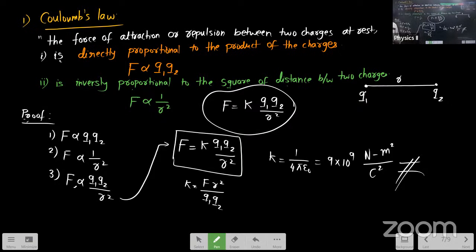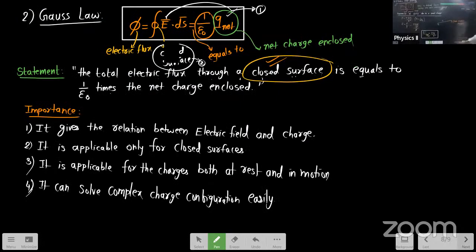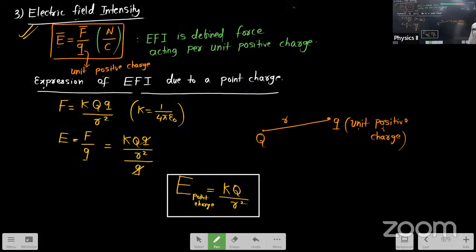In electric charges and fields, what are the questions that we have discussed? We have discussed Coulomb's law. Next, we have discussed Gauss law. Further, we have discussed electric field intensity, and we obtained an expression for electric field intensity due to a point charge.